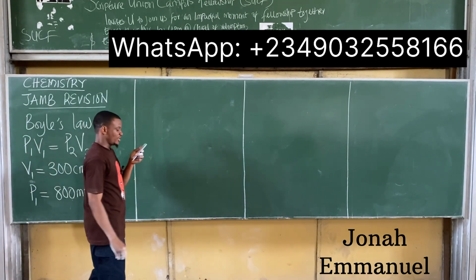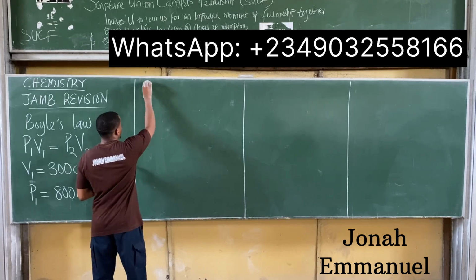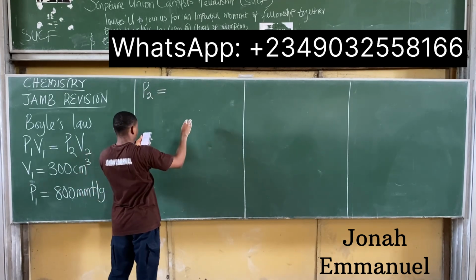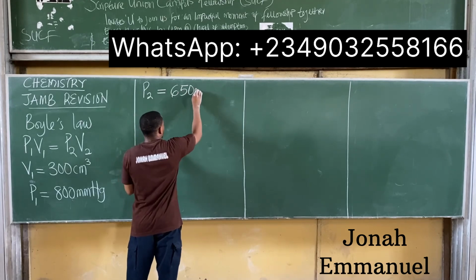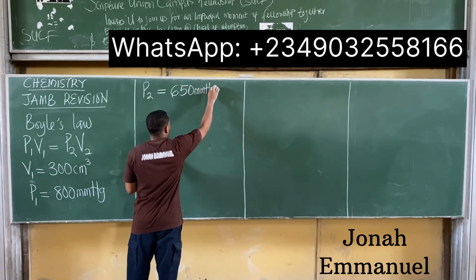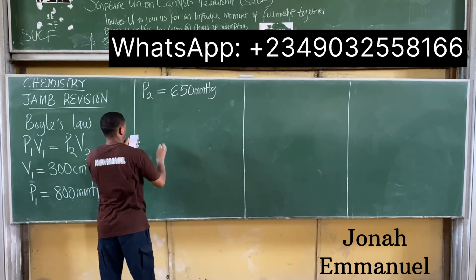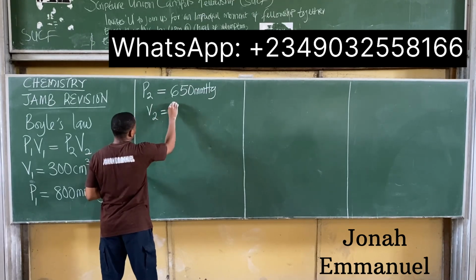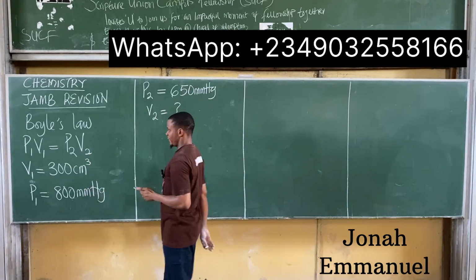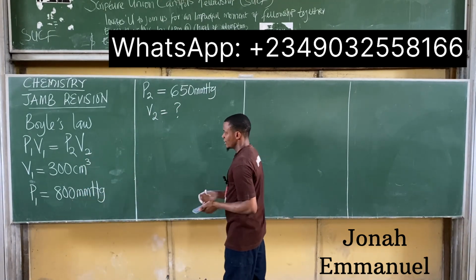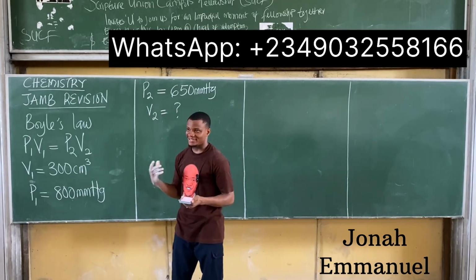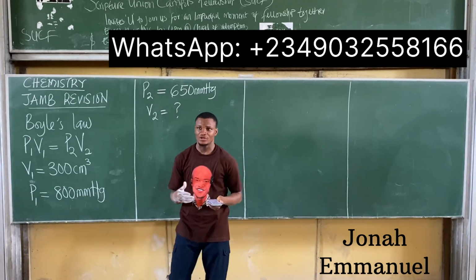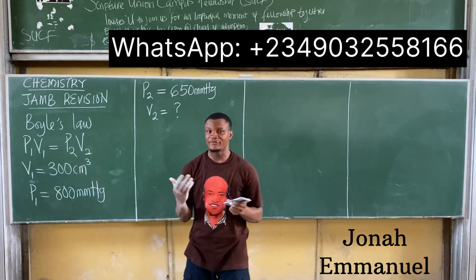They said if the pressure is reduced to, so P2, the value here is 650 millimeter mercury. They said we should find its volume. So V2 is equal to unknown. The first task would be, I'm seeing cm cube here, I'm seeing millimeter. Do I have to convert? In this case, you don't really have to convert because the units will cancel out. So you don't have to convert.